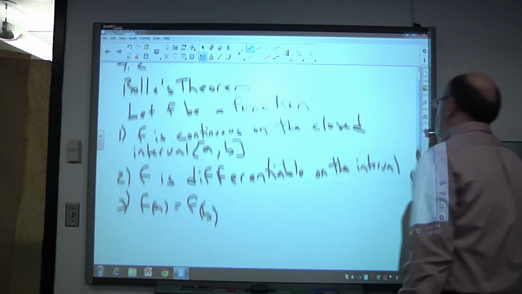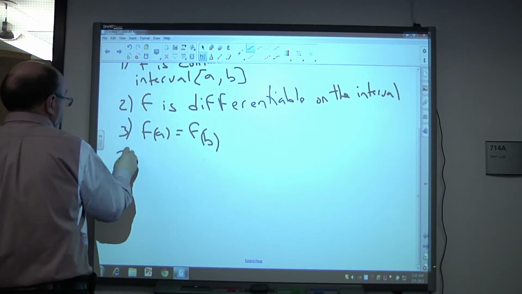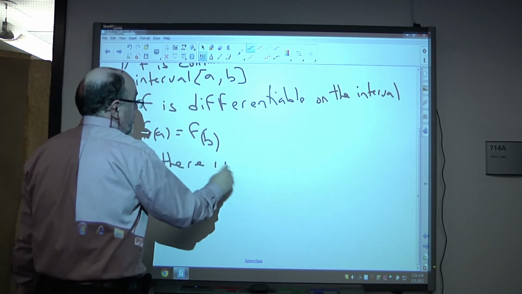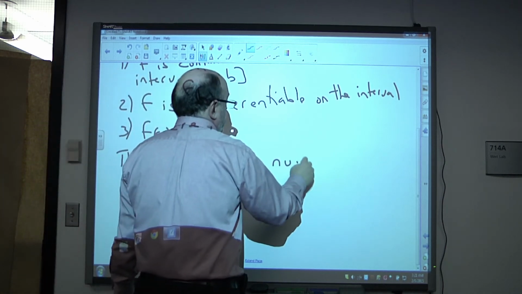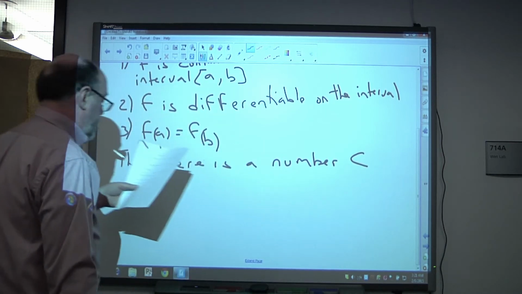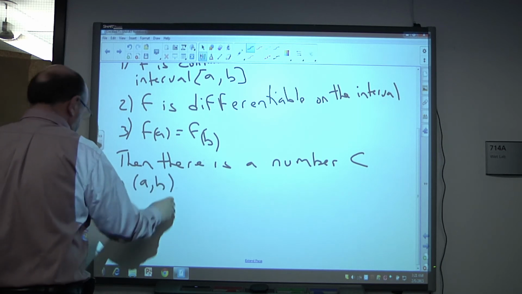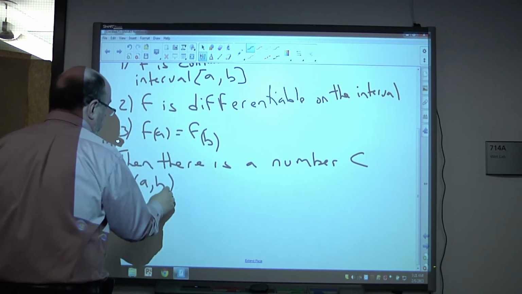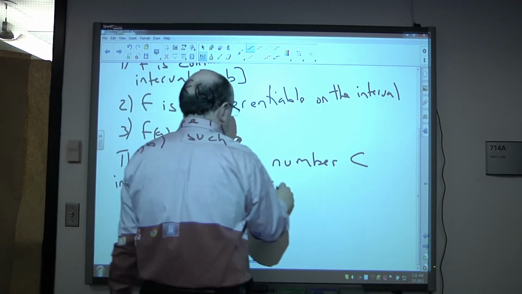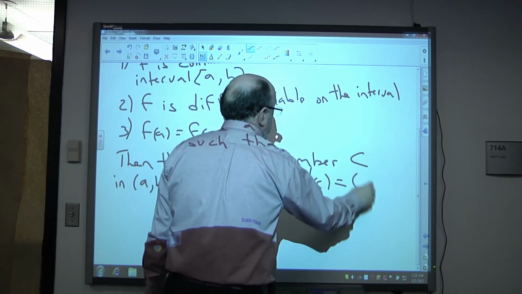And then if all these are true, then there is a number C, so a critical value, in A and B, in the interval, such that f prime, the derivative, is equal to 0. Okay?